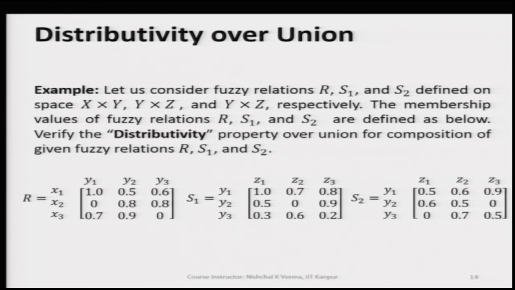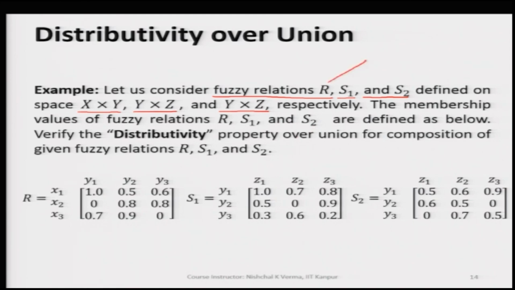Let us understand this properly by taking an example. Here also we are taking fuzzy relations R, S1 and S2, defined on spaces X cross Y, Y cross Z, Y cross Z respectively.